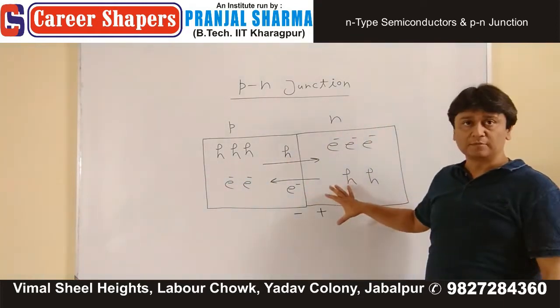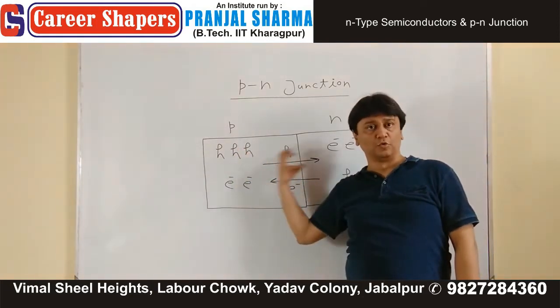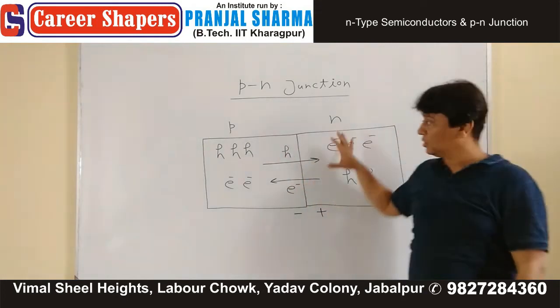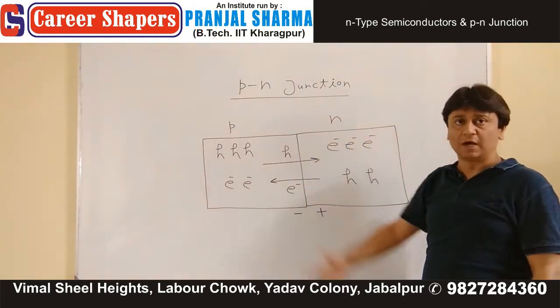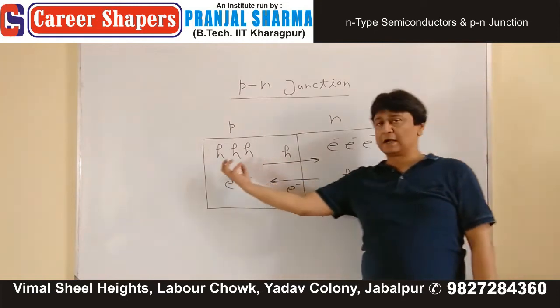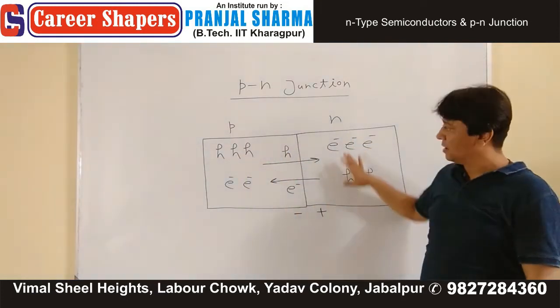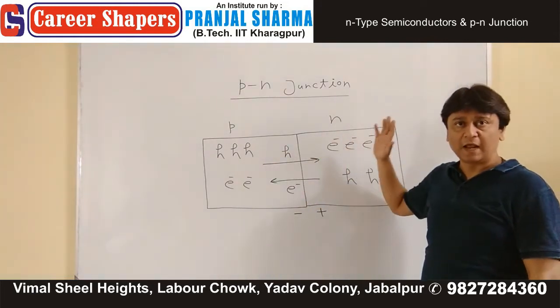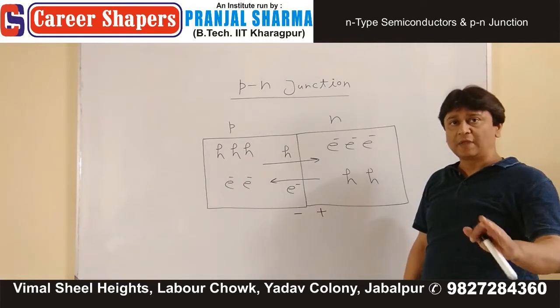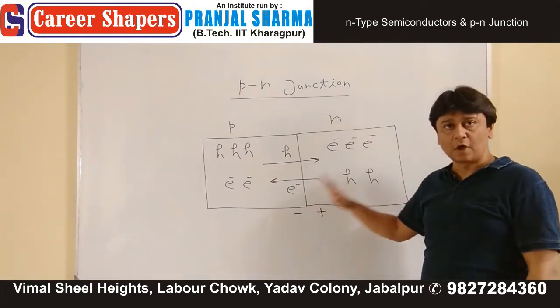Now this side becomes 2 positive. When the third hole tries to move, it has to overcome 2 positive charges. So eventually a time will come that the incoming hole will be repelled by the already positively charged N side. At that time, further diffusion stops.